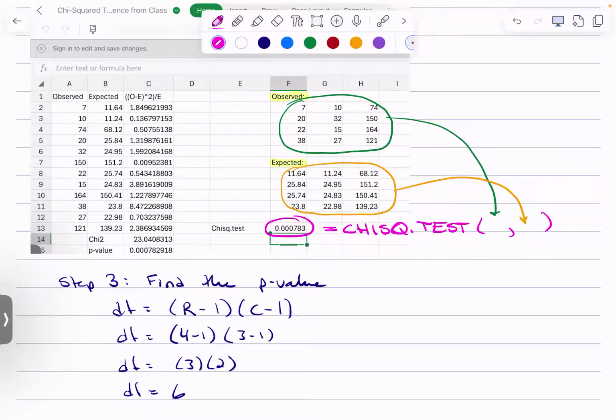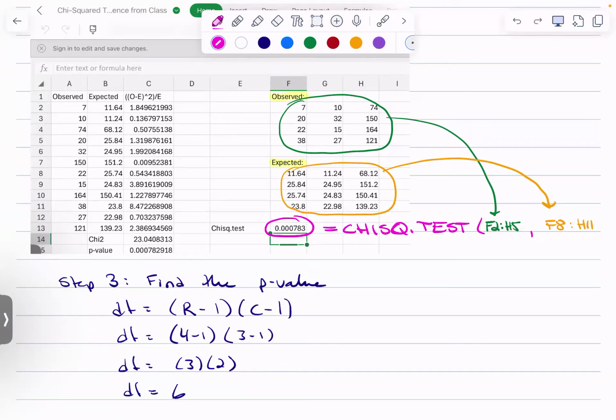F2 to H5, and make this arrow a little bit longer, F8 to H11.